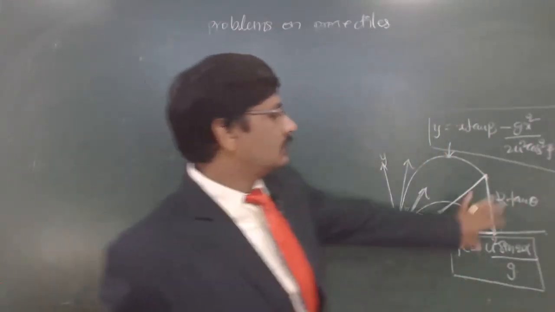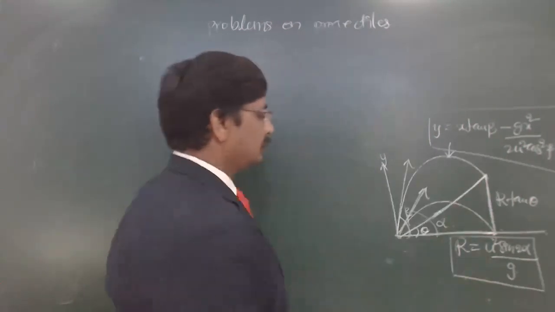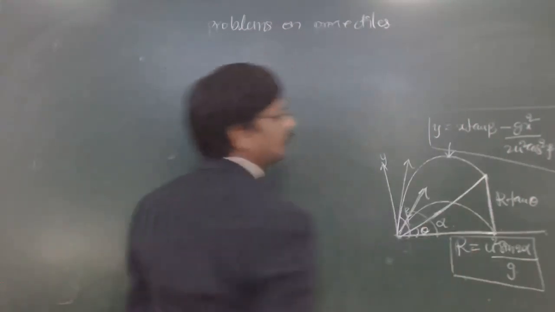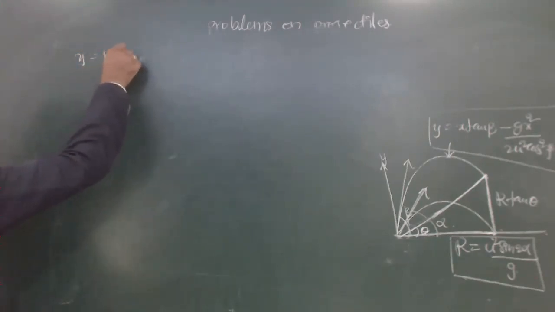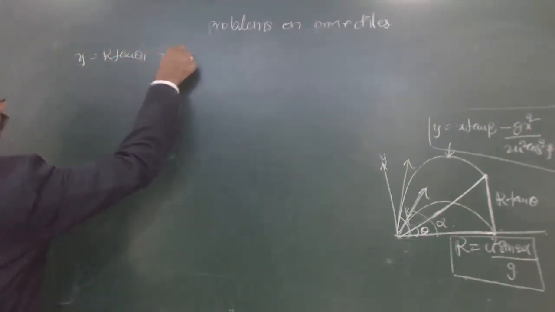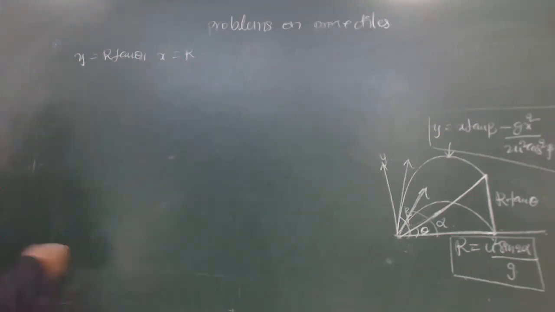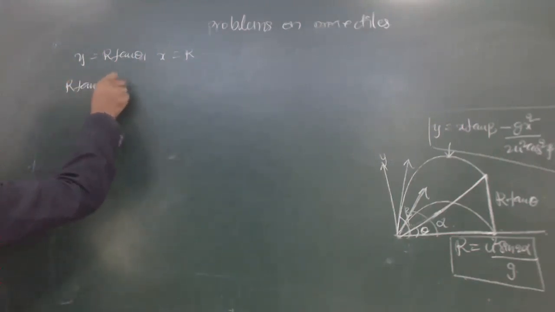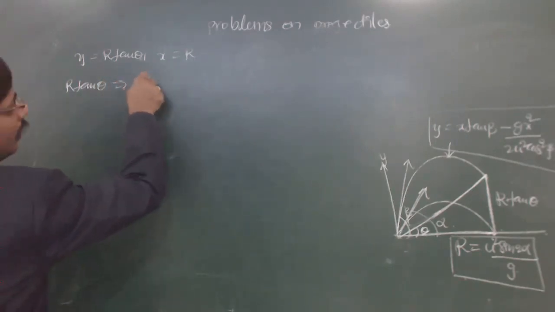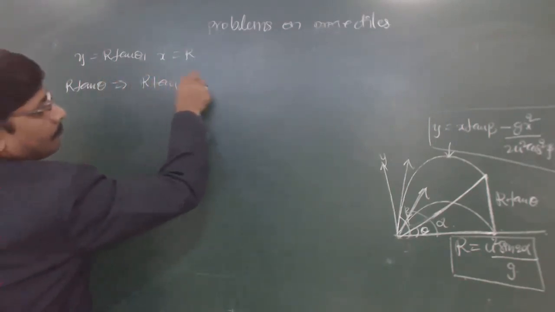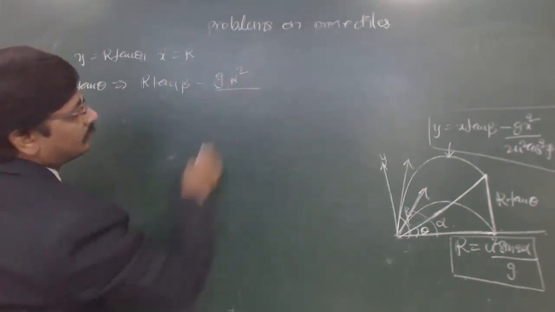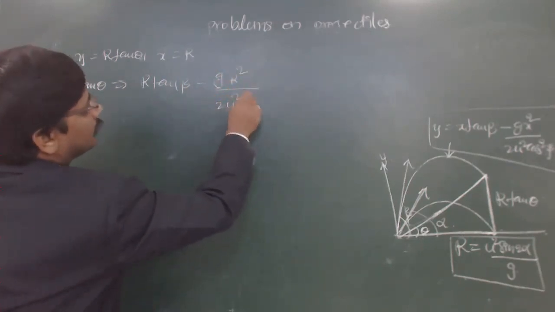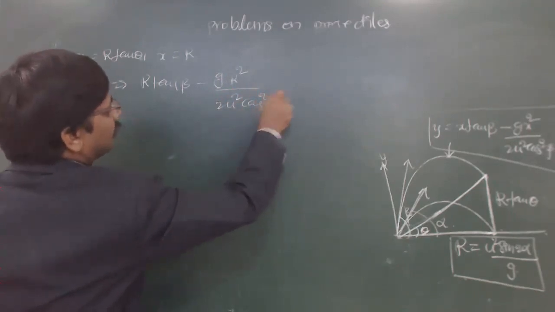So y equals r tan theta and x equals r. Replacing in the projectile equation, r tan theta equals r tan beta minus g r square divided by 2u square cos square beta.